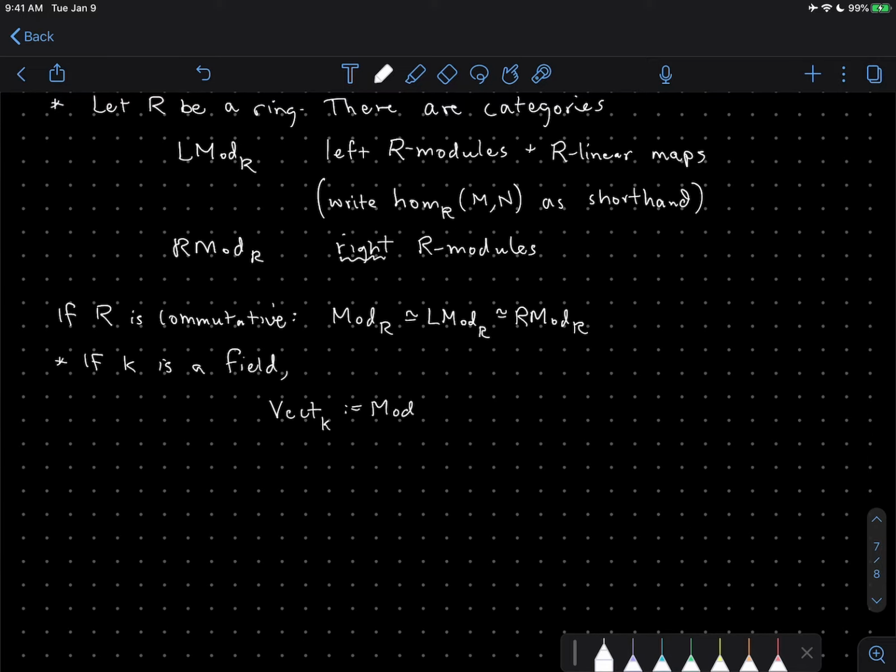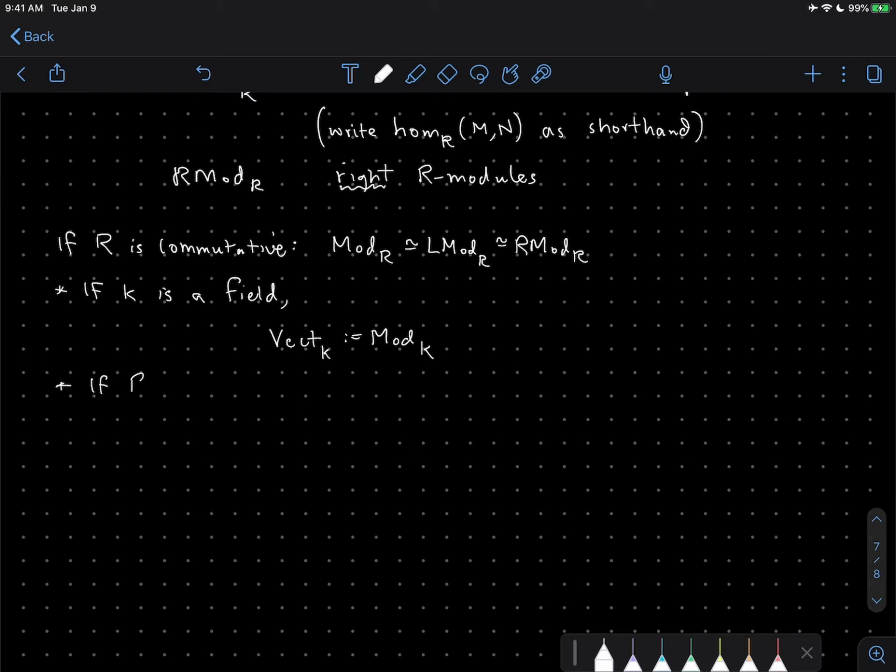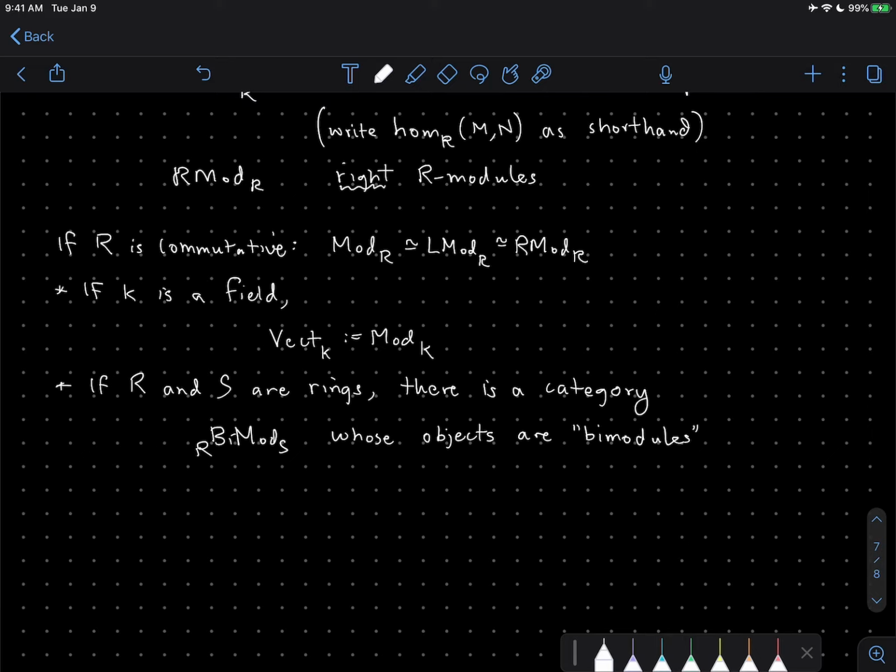One other, in the same vein, if R and S are both rings, there is a category called RS bimodules, whose objects are bimodules, which are basically abelian groups M with a left R action and a right S action.